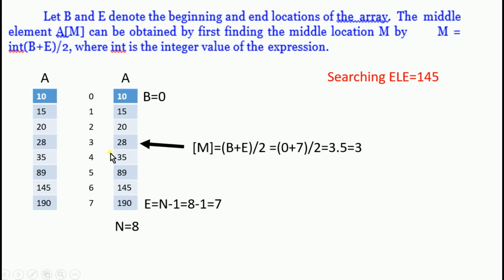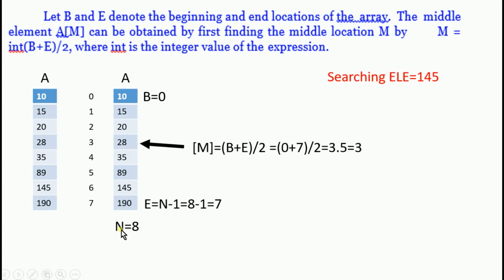The middle location M is obtained as M equal to the integer part of (B plus E) divided by 2. Here B is the lower bound, that is 0, and E is the upper bound, that is n minus 1, which is 8 minus 1, 7.